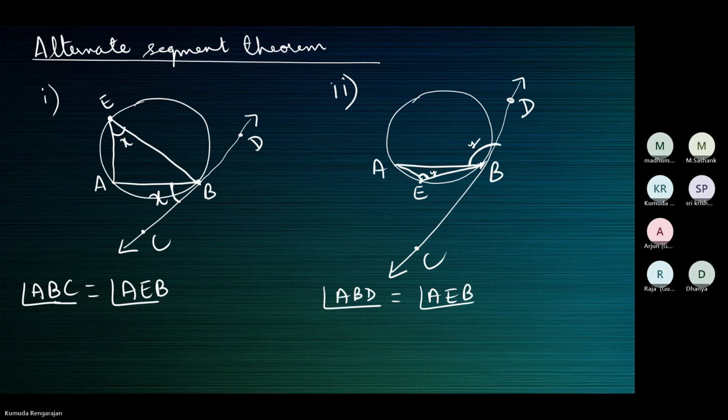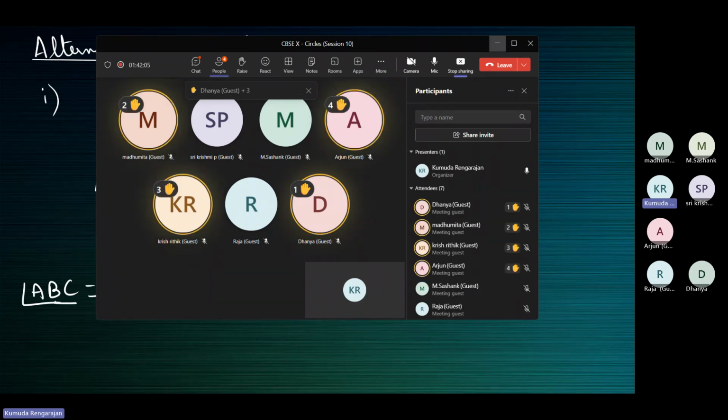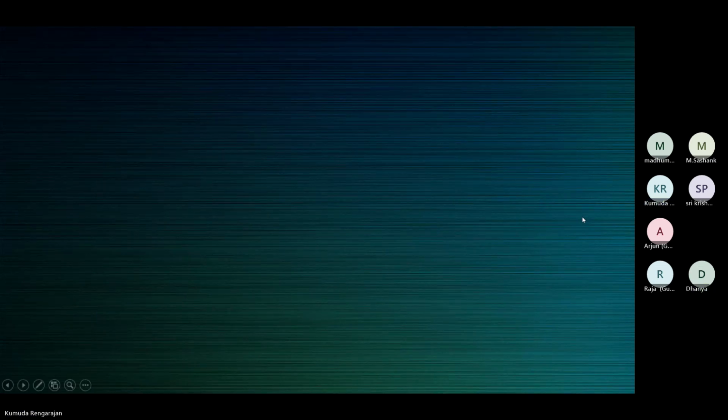Done, children? Finish writing and drawing? Children, use the emoji, raise your hand. Tanya, Madhumita, Krish, Arjun, Sasham. Okay, children, finish writing and drawing? Yes, Sashank. Yes, ma'am. Let's proceed.